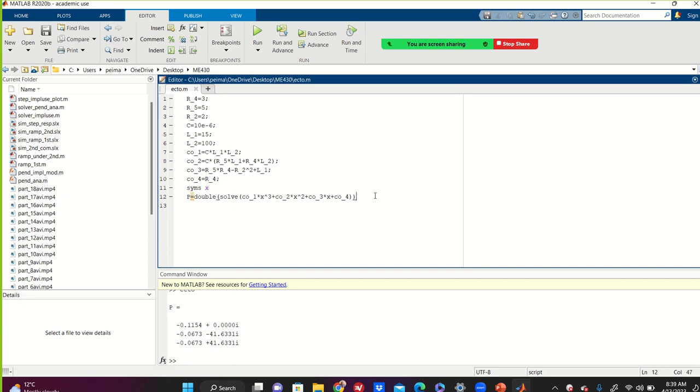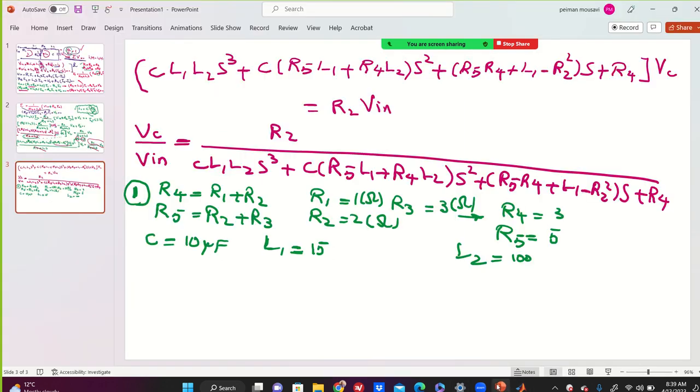So saying that, I'm going to plot figure 1 and say num1 is 0, 0, 0, 0, and you see that here is R2.